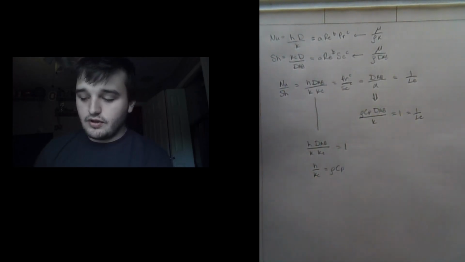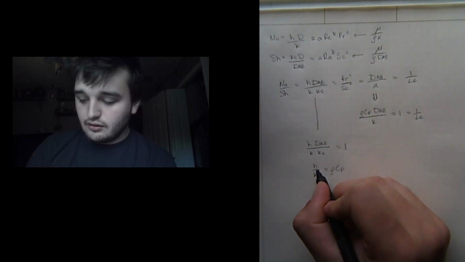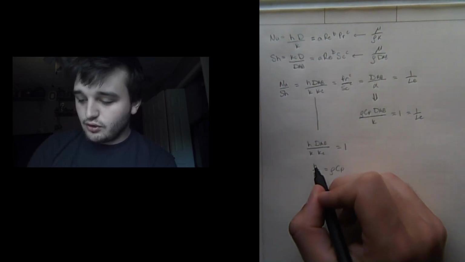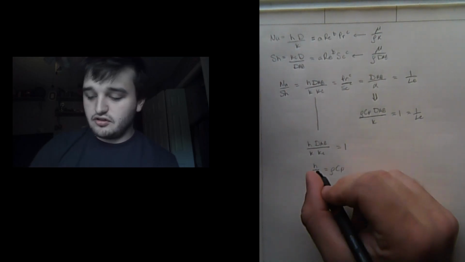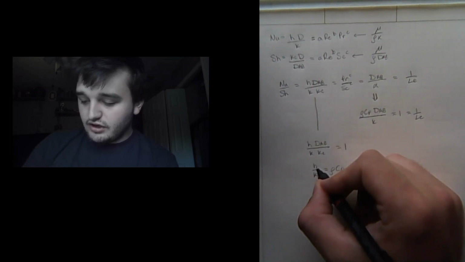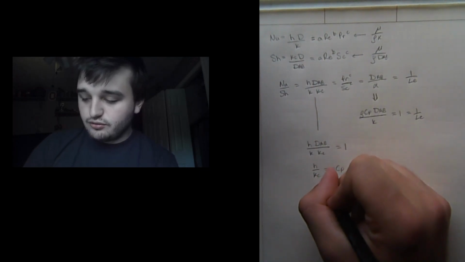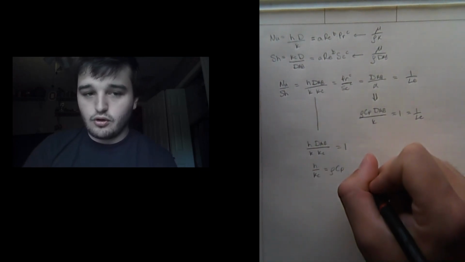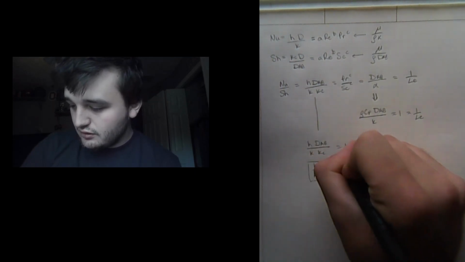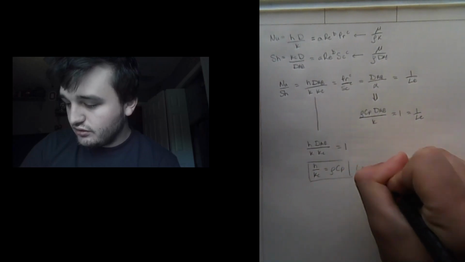So we know that the mass transfer coefficient Kc and the heat transfer coefficient H have a relation in which the heat transfer coefficient H over the mass transfer coefficient Kc is equal to the volumetric heat capacity, rho Cp, and that is actually what is called the Lewis relation.